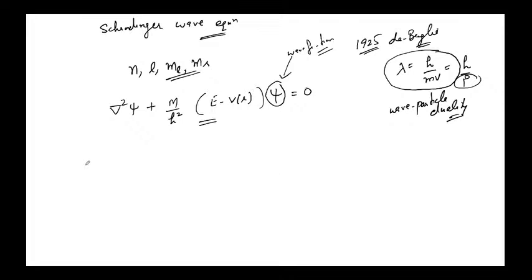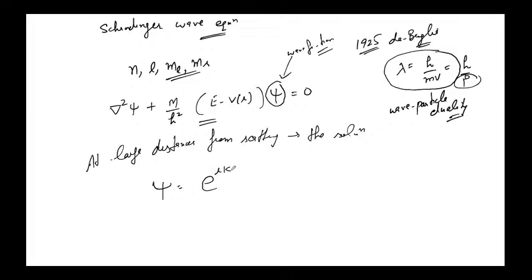Now if we consider large distances, from scattering, the solution of this equation is something like exponential of ikz, where z represents the distance, large distance, plus exponential of ikr over r times f theta.